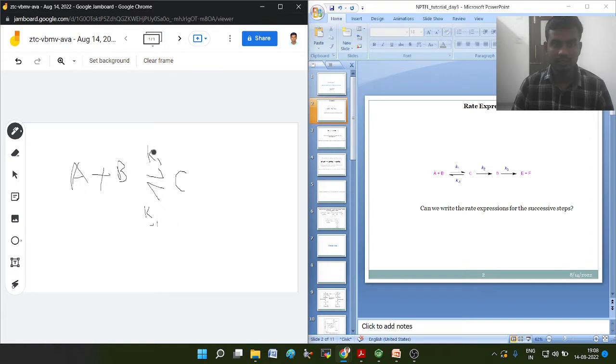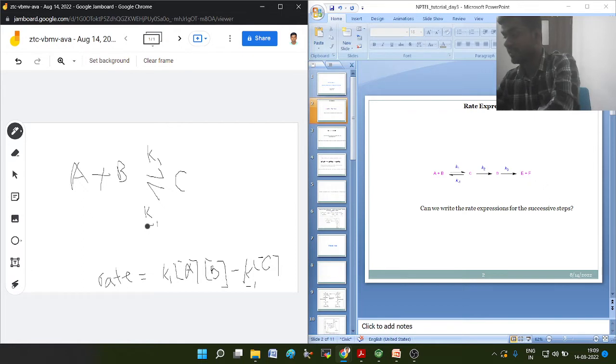So if I want to write the rate expression for this step only, rate equals k1 into concentration of A into concentration of B. Then since it is going back to C, it can stay in equilibrium with A plus B. So we'll have minus k minus 1 into concentration of C. So this is the first expression. It is very simple here.